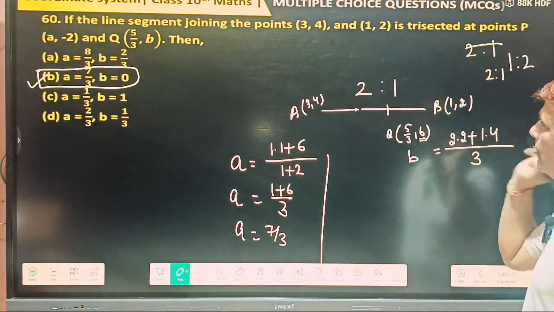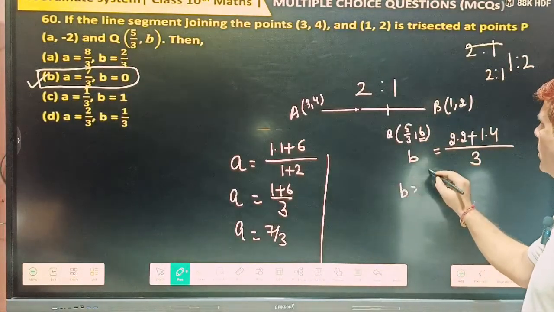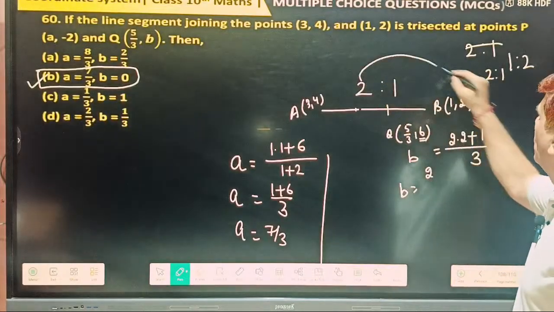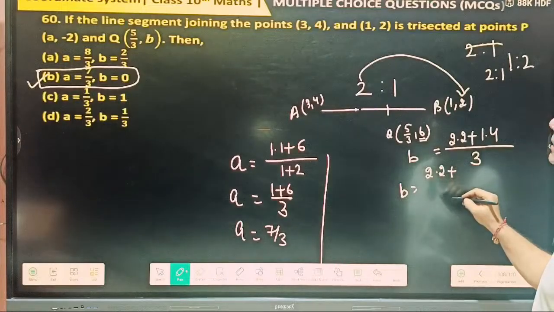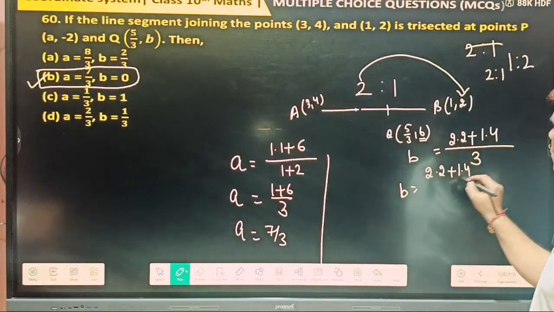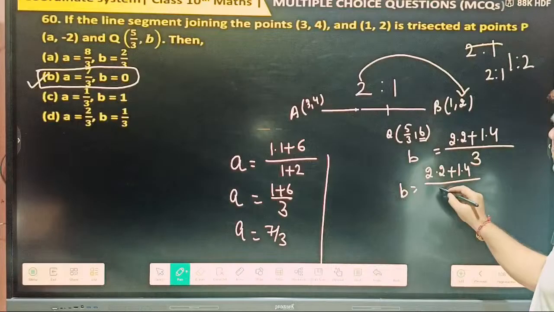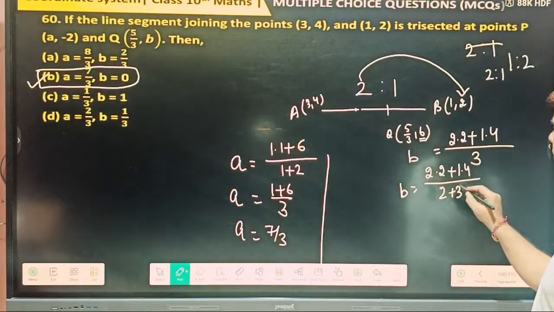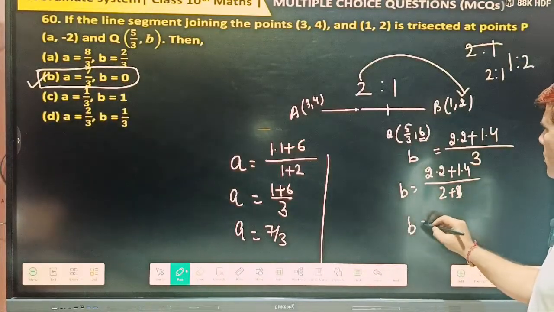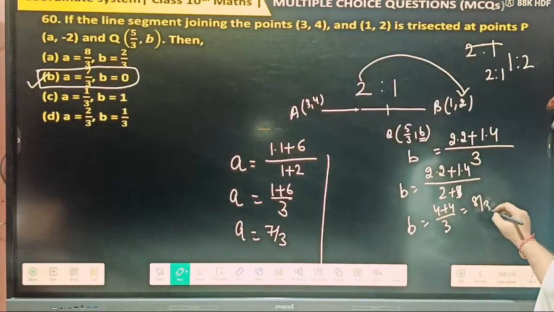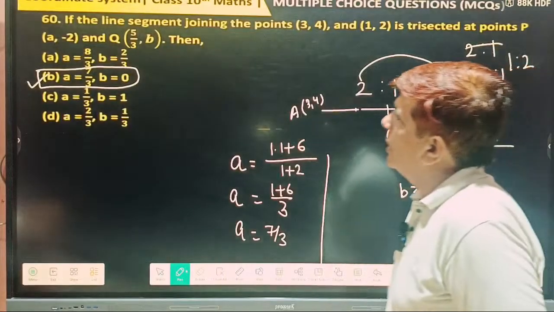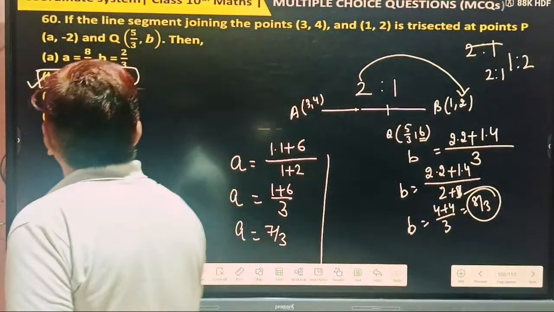So B equal to 2 into 2 plus 1 into 4 by 2 plus 1, 3. So B equal to 4 plus 4 by 3, 8 by 3. Anyway, given B equal to 8 by 3.